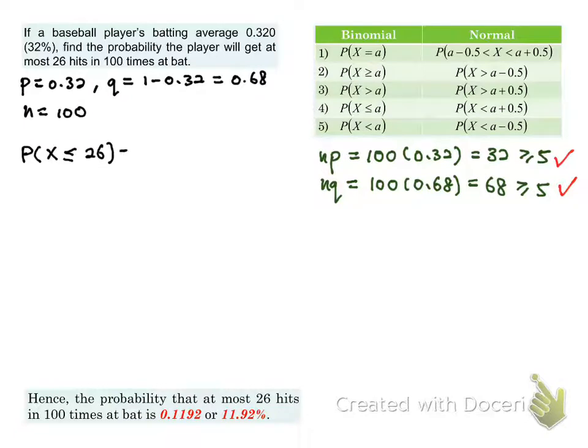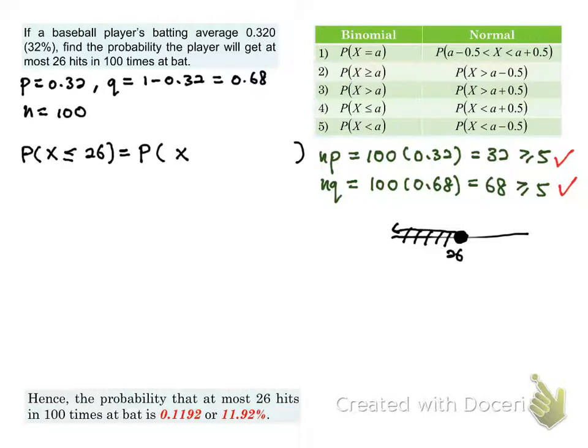We need to convert it to Z right now. But before converting to Z, we need the X value. From the discrete binomial, we change to continuous. So if you draw the line, it's less than or equal to 26 here, right? This one is a big dot if it's an equivalent, so you draw it here. Will this one be included?